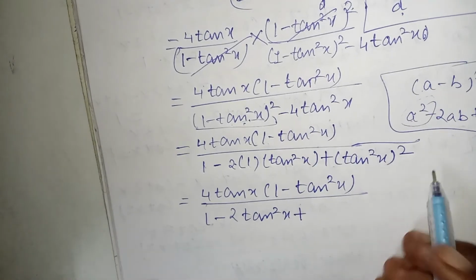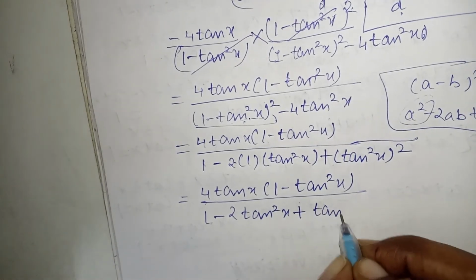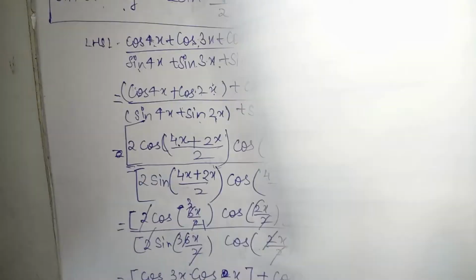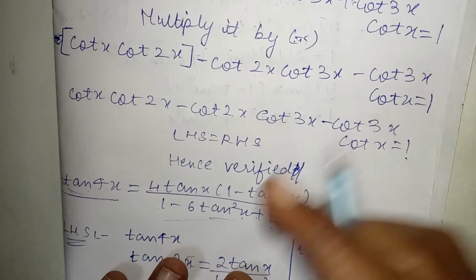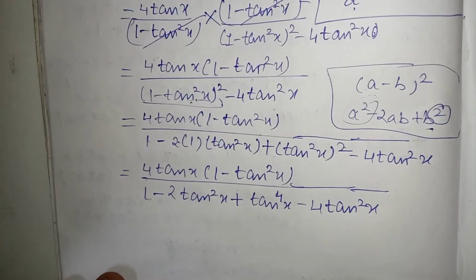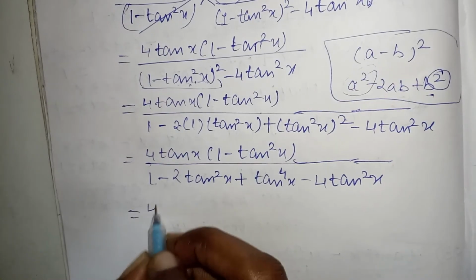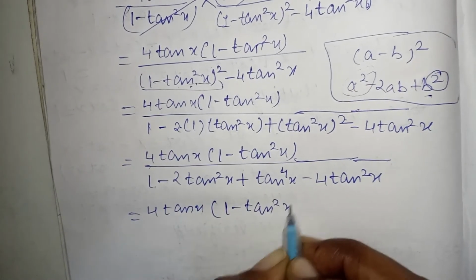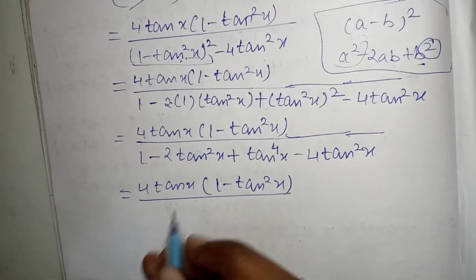So what will happen? Tan x. So 2 2s are 4. Okay. So in the question what they have asked us? So they have asked 4 tan x, right? So what is remaining? Just let's solve it again. Tan square x. So and again 1 minus.